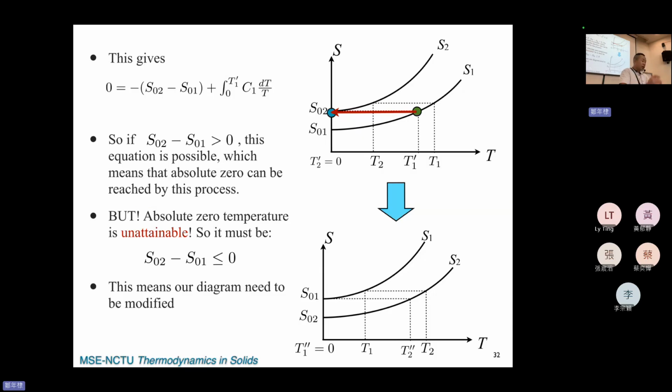But it's not attainable, which means you cannot do that. So it must be SO2 minus SO1 less than or equal to 0. So we need to try another step, S1 greater than S2, and you do exactly the same. You find that nothing can make it possible.